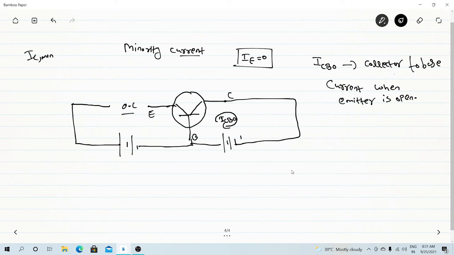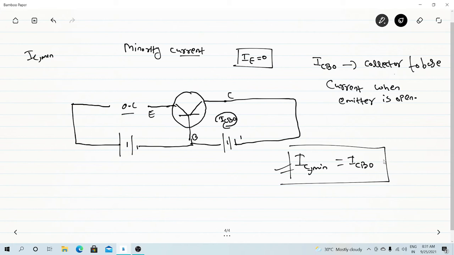So now my minority current is nothing but equal to ICBO. So this is my minority current, which is equal to ICBO. That is basically collector to base current when emitter is open. And this minority current which is ICBO is exactly same as the reverse current in the PN junction diode.